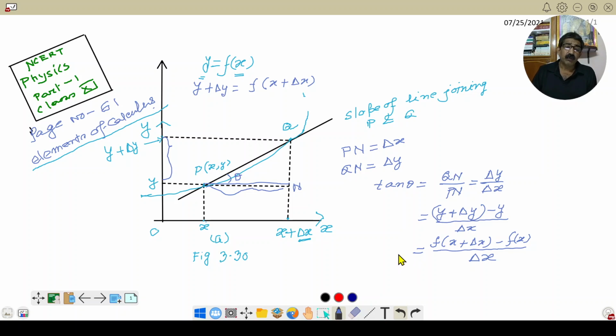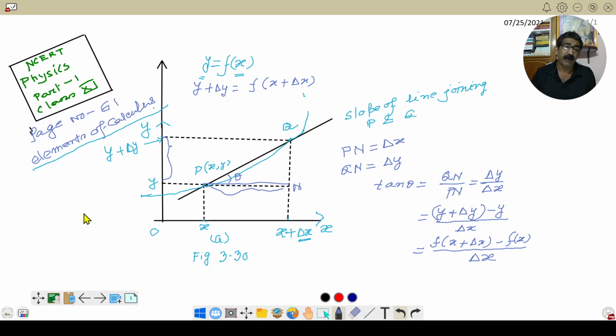Now you have to imagine point Q and point P. Though they are separated by a considerable distance in our figure, point Q and point P are very close to each other.